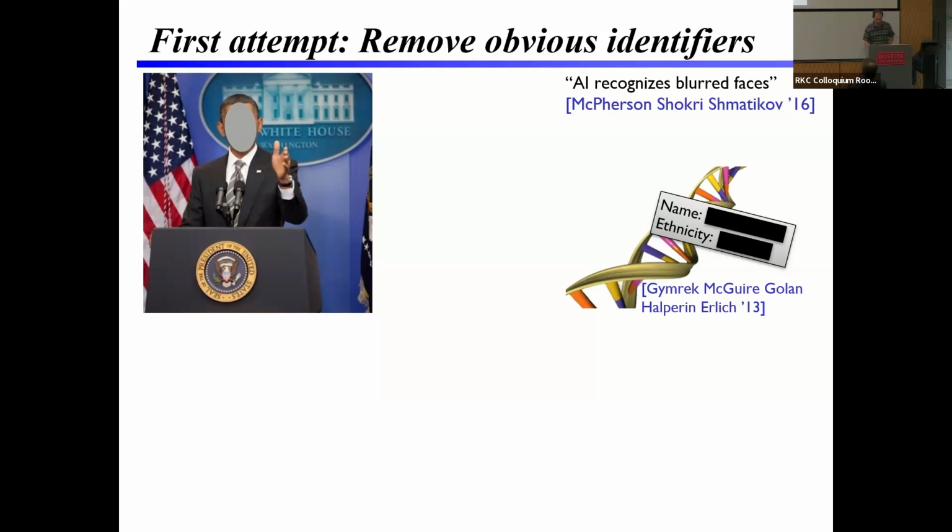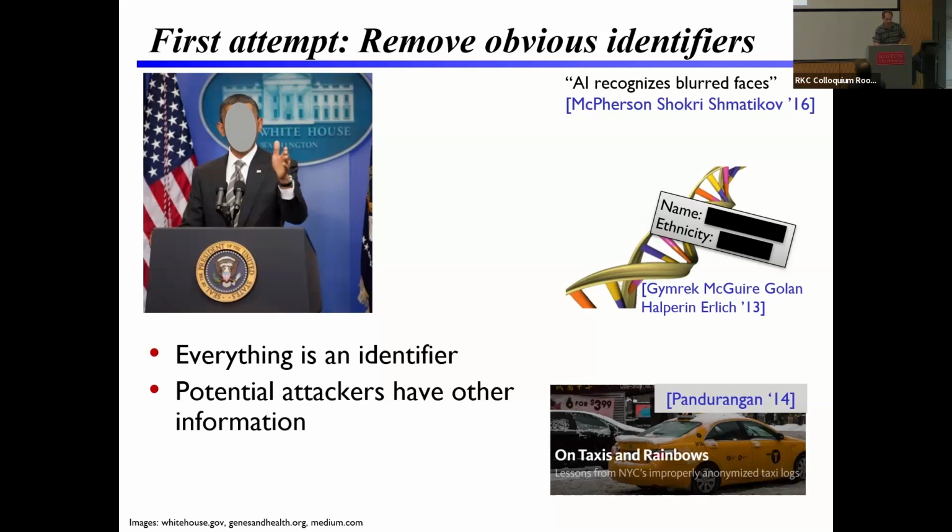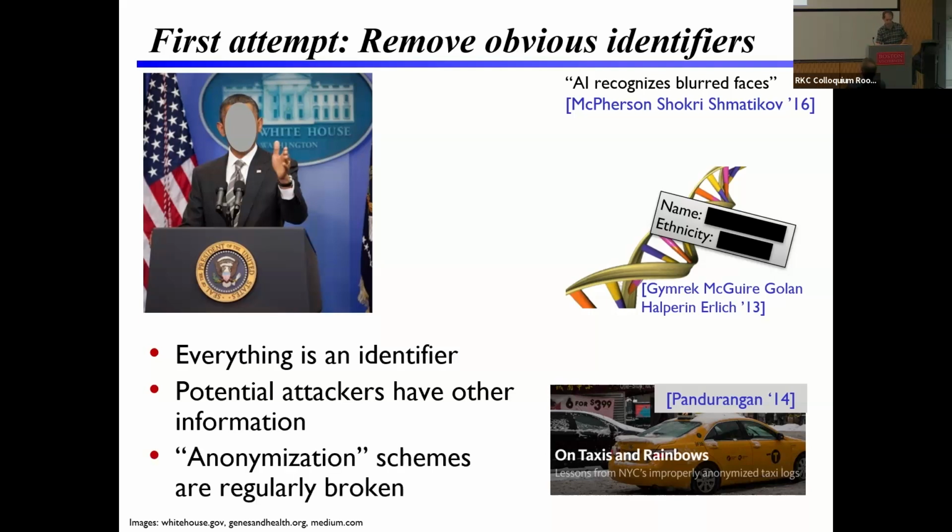I can talk about why that is. It's not that complicated. There are a bunch of examples, but basically everything is an identifier, and potential attackers have access to other types of information, other data sets and so on. And so it's really hard to understand exactly the best way. These straightforward attempts at anonymization run into serious problems.